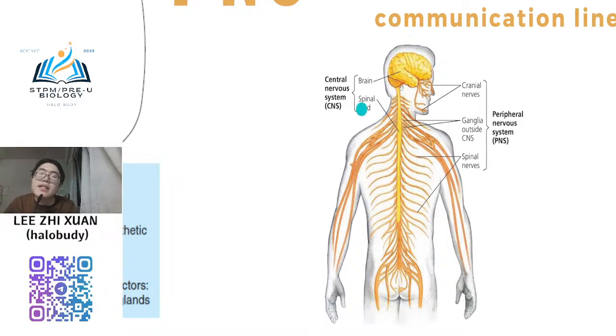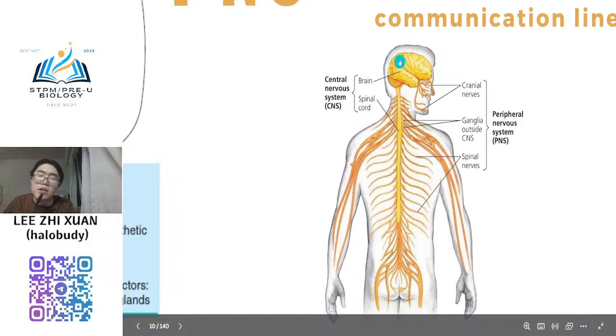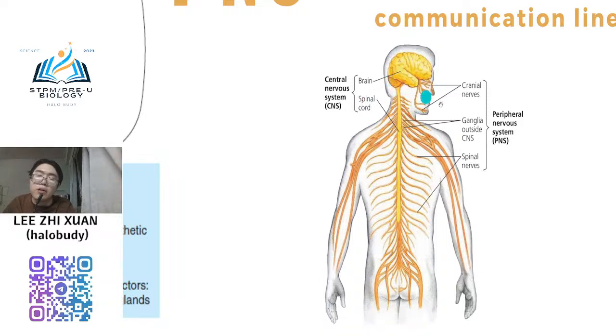Normally the central nervous system, as the name says central, is located at the center. So our brain and spinal cord, and also the nerve cells in the eyes that connect with the brain, are known as the central nervous system.